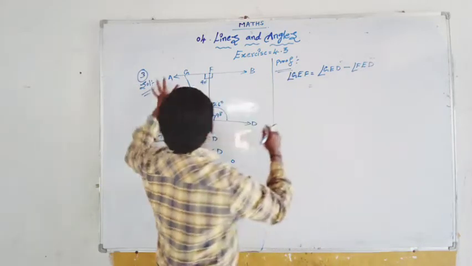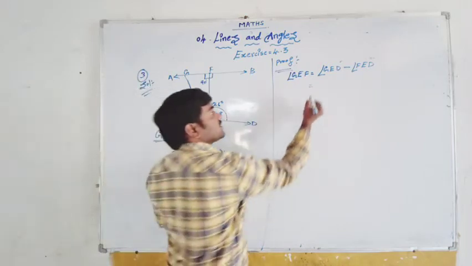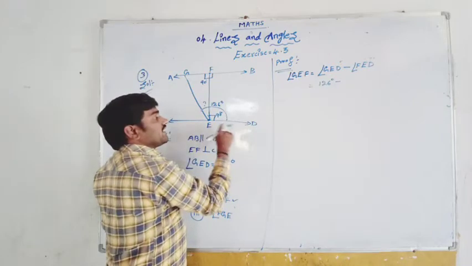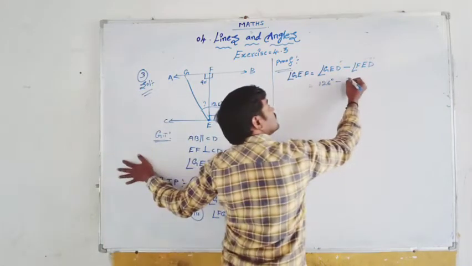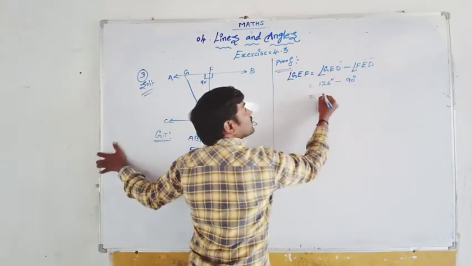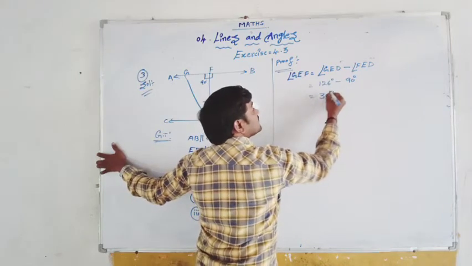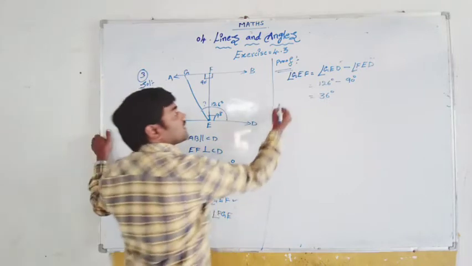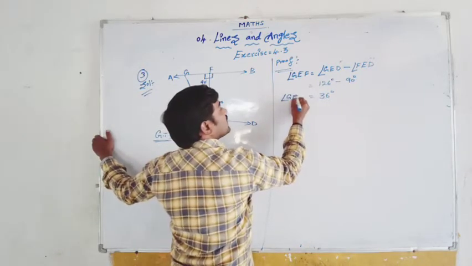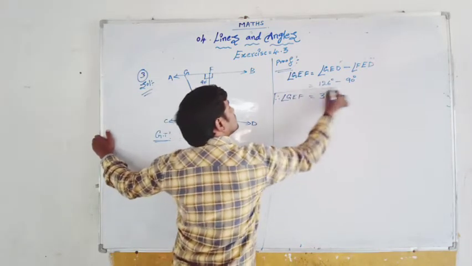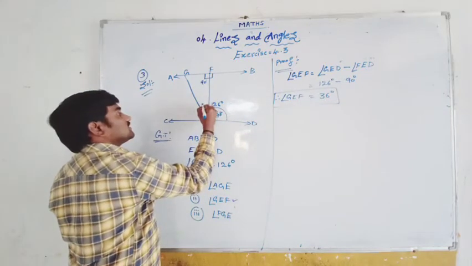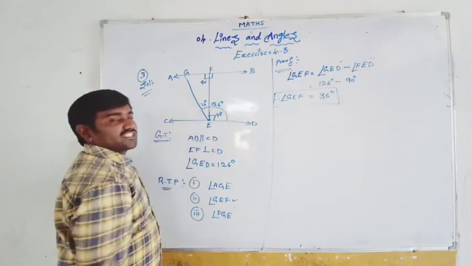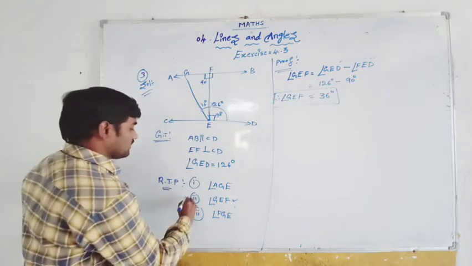Angle GED is already given as 126 degrees, minus angle FED, which is perpendicular, so 90 degrees. So we will get 36 degrees. Angle GEF is equal to 36 degrees. See, 36 plus 90 gives the complete 126 degrees. That is completed, so the second one is completed.